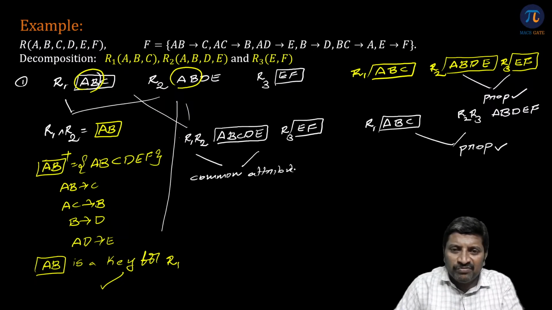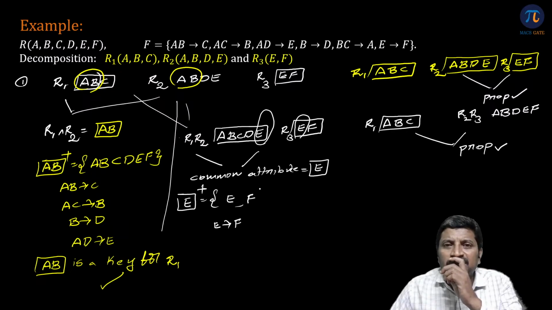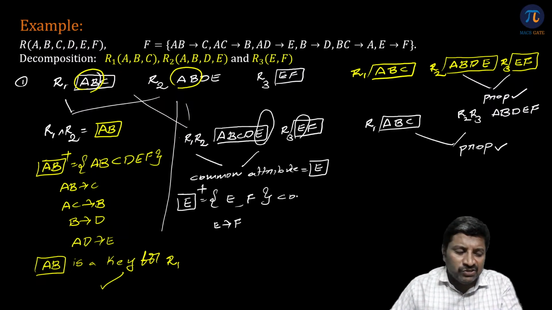I think we have E. Am I right? What is the closure of E, sir? Closure of E is E itself, then I have the dependency E goes to F. Yes, you can write. Anything else possible? No. Anyway, this contains R3.